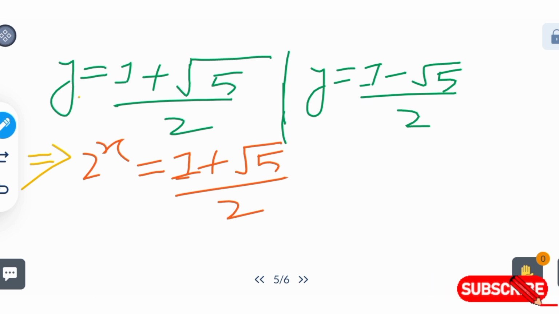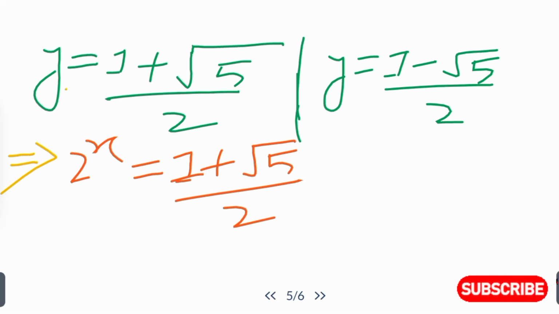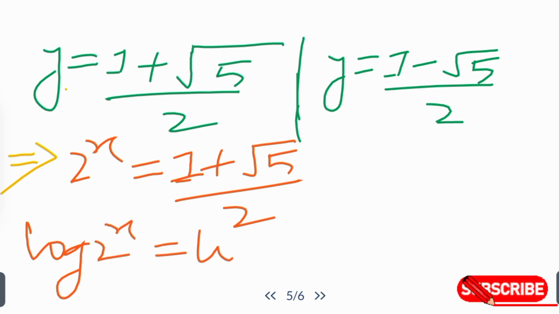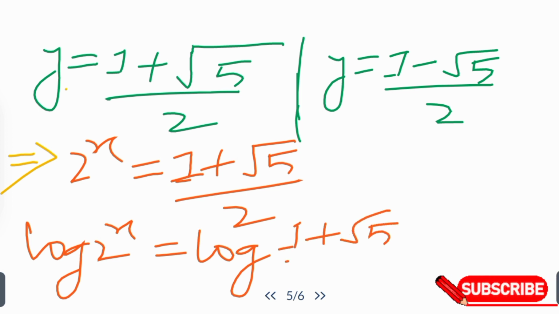Just check it out. Since we have this, what can be done here to find out the x value? Here we'll multiply both sides by log. So I write log 2 to the power x is equals to log of 1 plus root 5 by 2, both sides I multiplied by log.